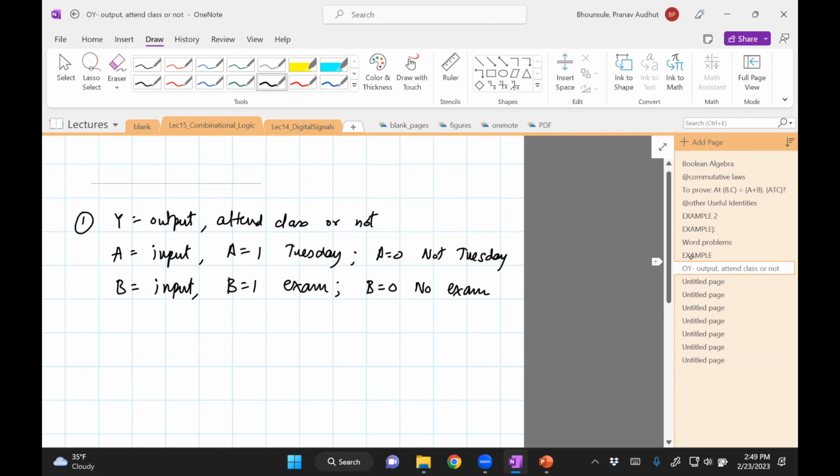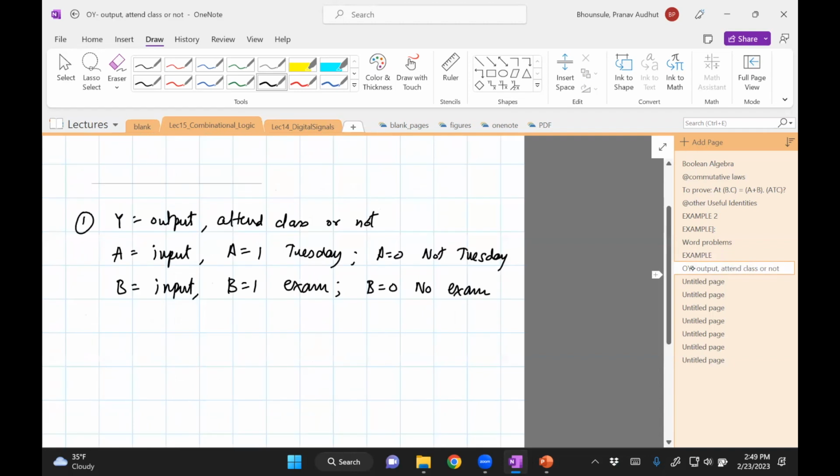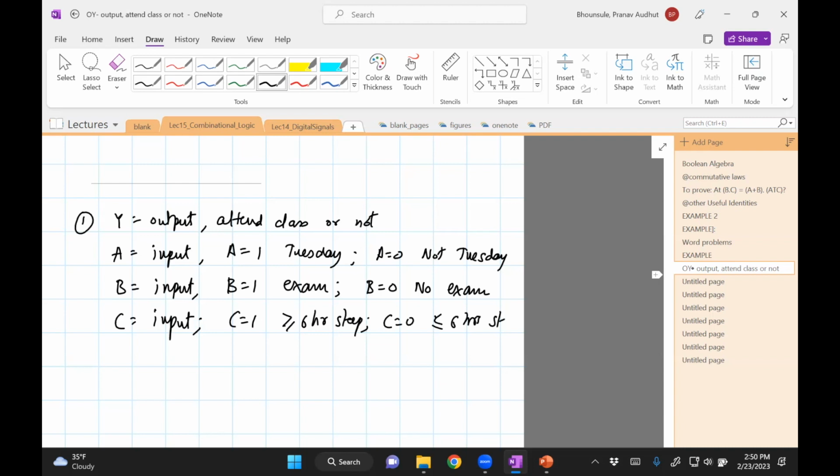Okay, there was another condition which said that if the student got at least 6 hours of sleep, then the student will attend, which means that this should also be one of our inputs. C equals 1, greater than 6 hours sleep. C equals 0, less than 6 hours.